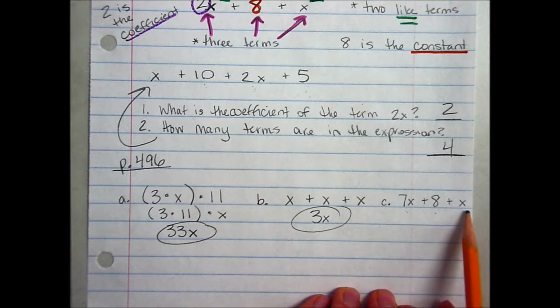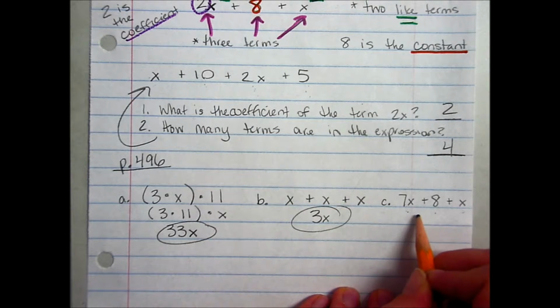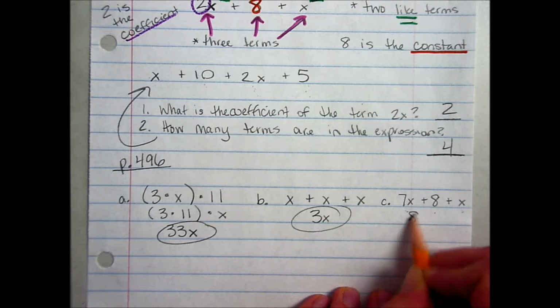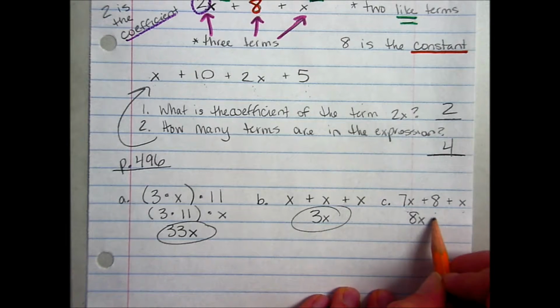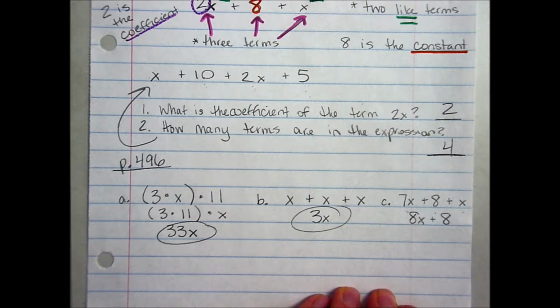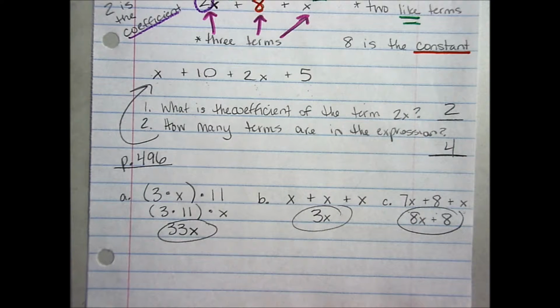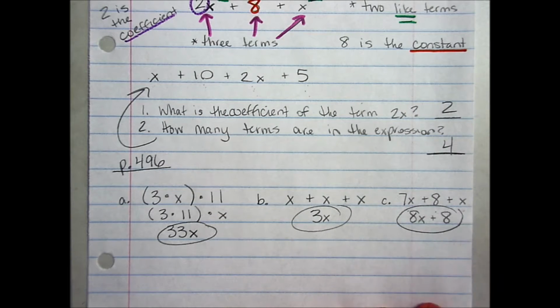We have a 7x plus a single x. 7x plus the single x, 7 plus 1 is 8 x's, plus we leave our constant to stand on its own. All we did was combine our like terms, and that's as far as we can go with it. Now, if they told us that x equals something, then we could solve and finish it all out, but they haven't told us that, so we're done. All we did was combine our like terms.